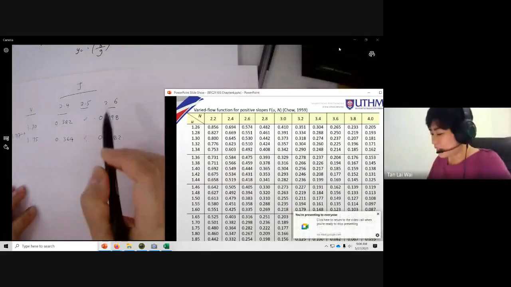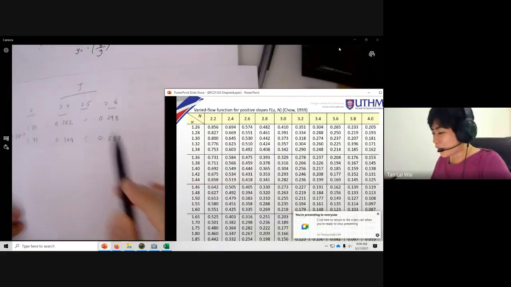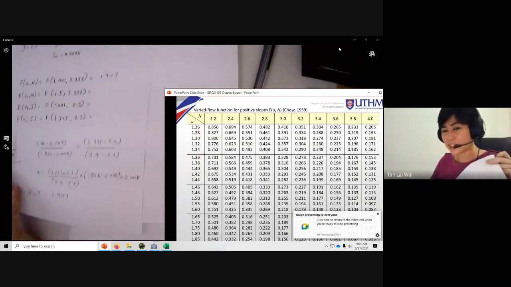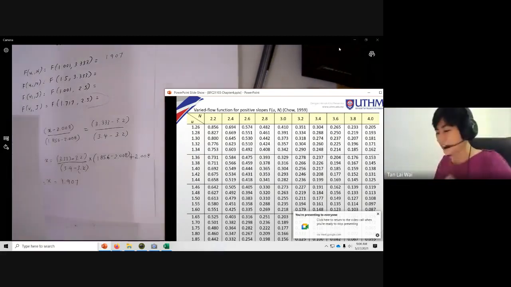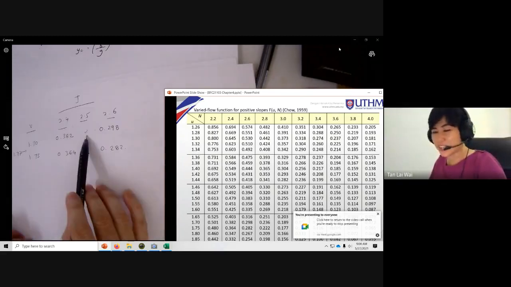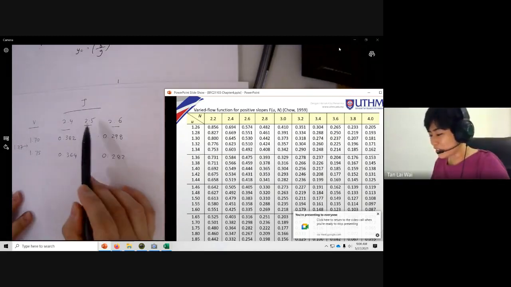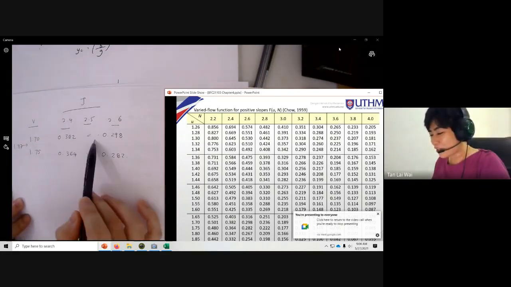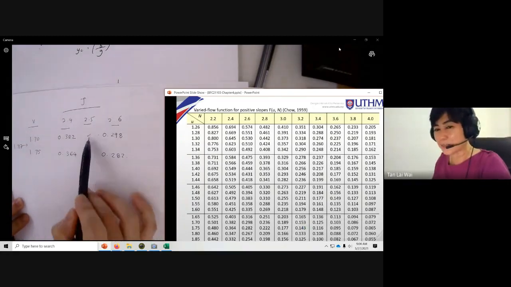Jadi kalau kita nak buat interpolasi macam ni, result dia akan sama juga kalau kita puratakan. Because 2.5 is in the middle, whether we take the average or do linear interpolation, we'll get the same answer.